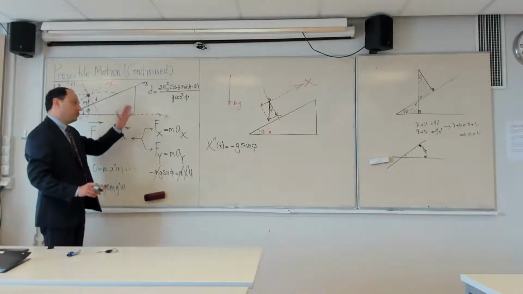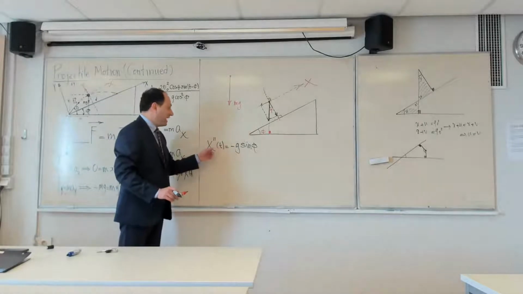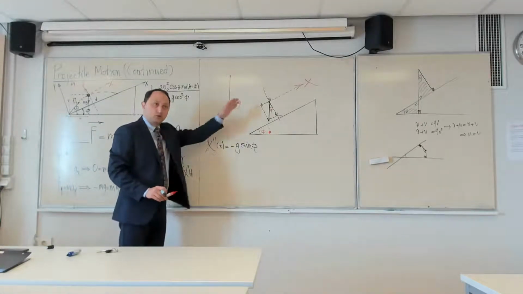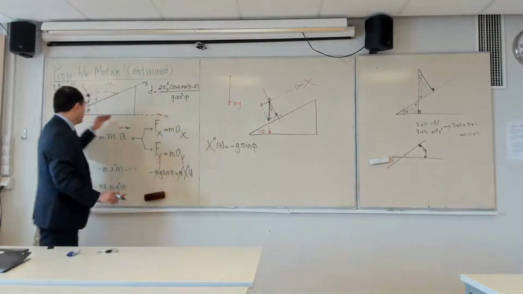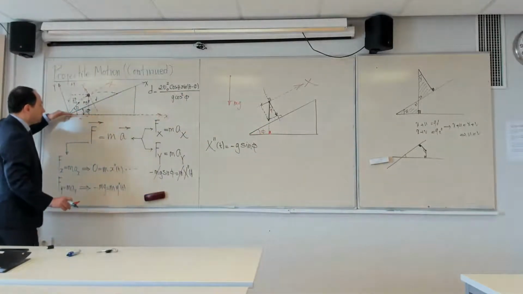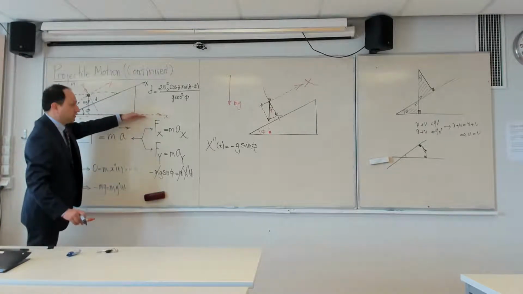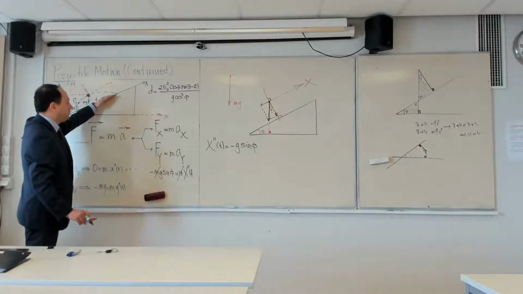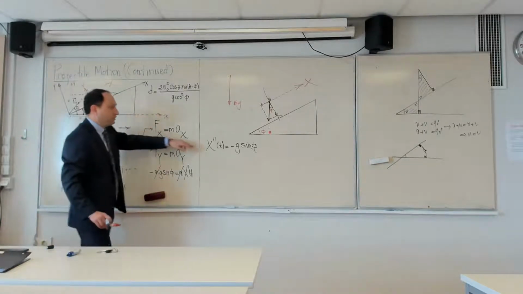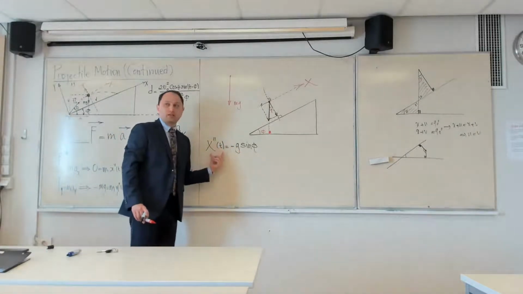But now if I change my perspective, my particle is still accelerated in the new x direction. The new x direction is different from the old x direction. If I choose this one, the motion on this direction is very simple. It's a uniform velocity motion. But when I change my perspective and go to this blue coordinate system, it's a uniform accelerated motion. Yes, because this is a constant and that's the acceleration.